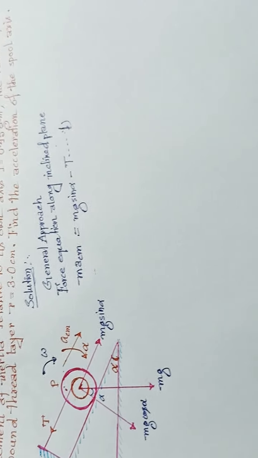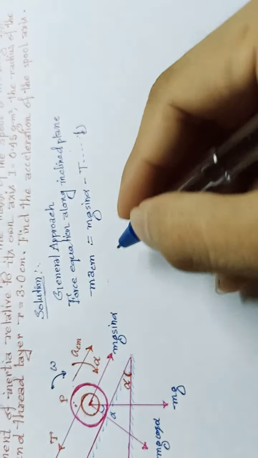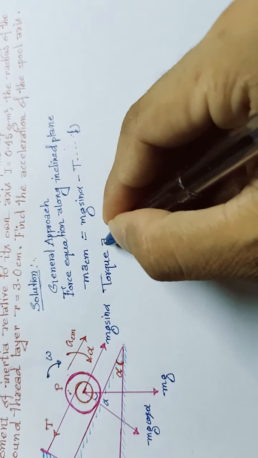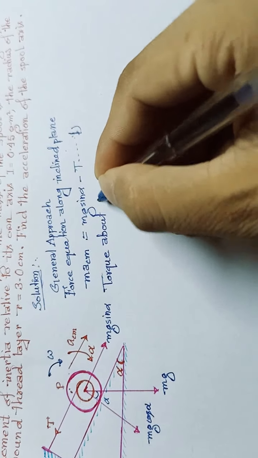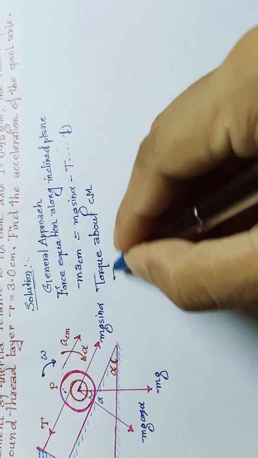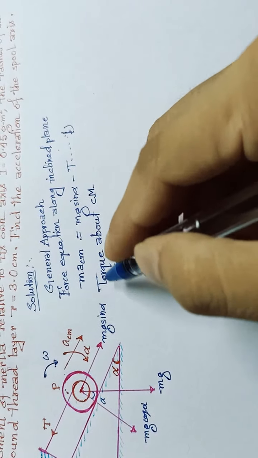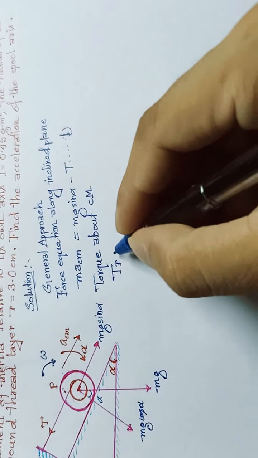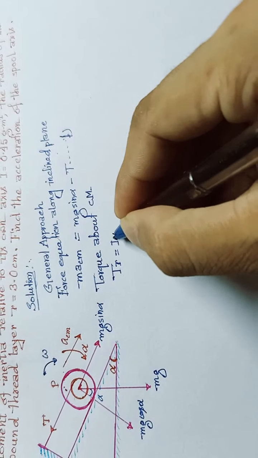Now we will consider the torque about the center of mass. The torque about the center of mass will be T into R, because T is the tension of the string, it is a force, and its distance is R. T into R will be equal to I into alpha.